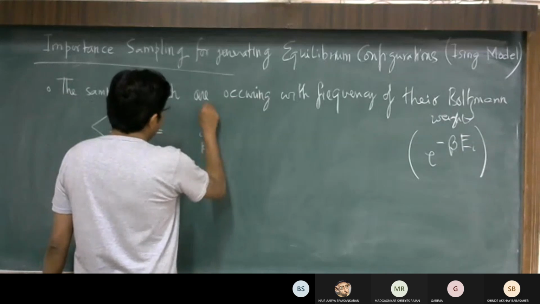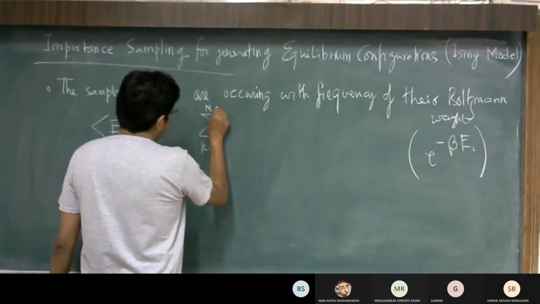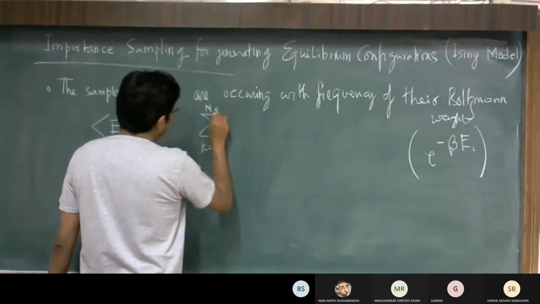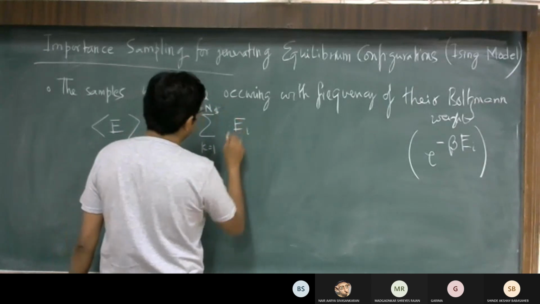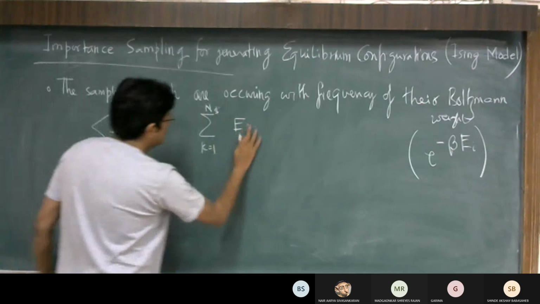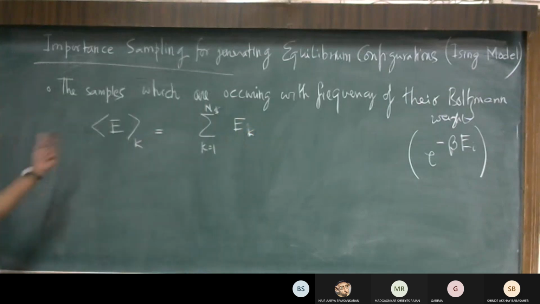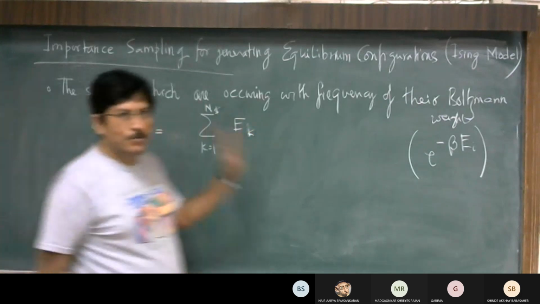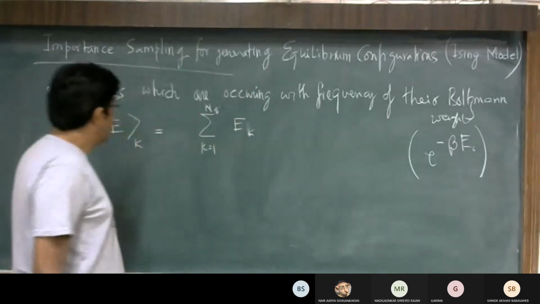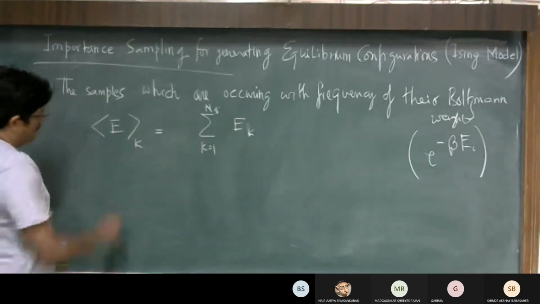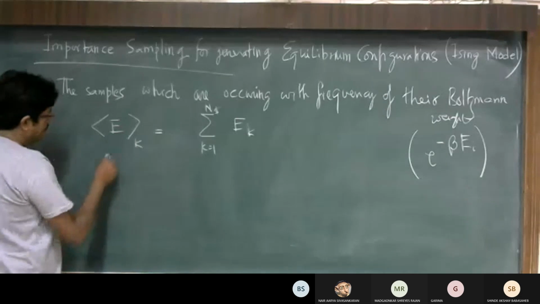take, let's say, Ns number of samples, and then whatever is the energy that you get for, sorry, this is E of k. Then whatever is the energy for each of the samples, all you have to do is add all the energies divided by the total number of samples, and that would give you the correct average energy for the system.